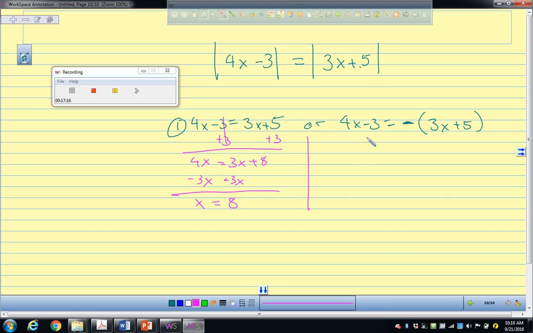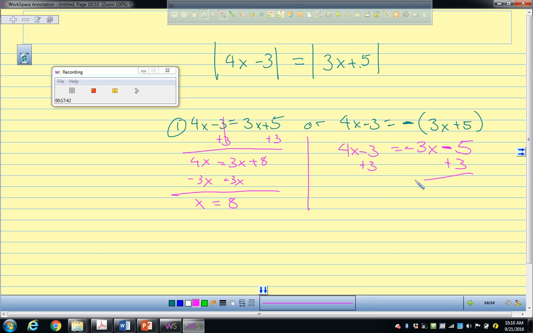Or, okay, other side of the equation, first I have to distribute through that negative sign. Don't forget. So what do I get over here when I distribute through? What do I get? Negative 3x minus 5. Okay? Now I combine like terms. I'm going to add 3 to both sides. Plus 3.